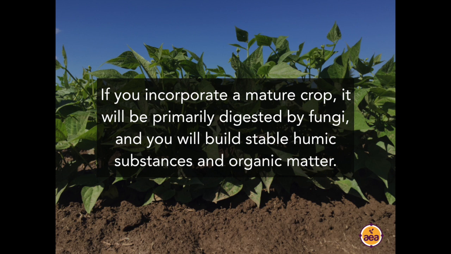So if you incorporate a mature crop that has a very broad carbon to nitrogen ratio, which is going to be primarily digested by fungi, with that broad carbon to nitrogen ratio, you will build these stable humic substances and you'll build organic matter. But you will deprive nutrients from the following crop, at least for a period of 6 to 8 weeks after that crop has been incorporated, because the biology eats first and they need nutrients to break down that crop residue.